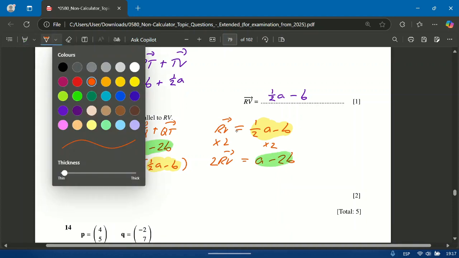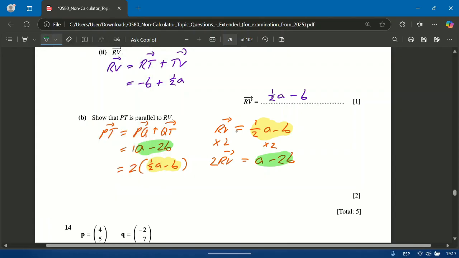This last one is maybe better, because it corresponds better, so you can say, thus, they are parallel because PT is twice RV. Okay, but I believe what I've written here would be enough to prove it. Yeah, they have the same vector, so they are parallel. I hope that makes sense.